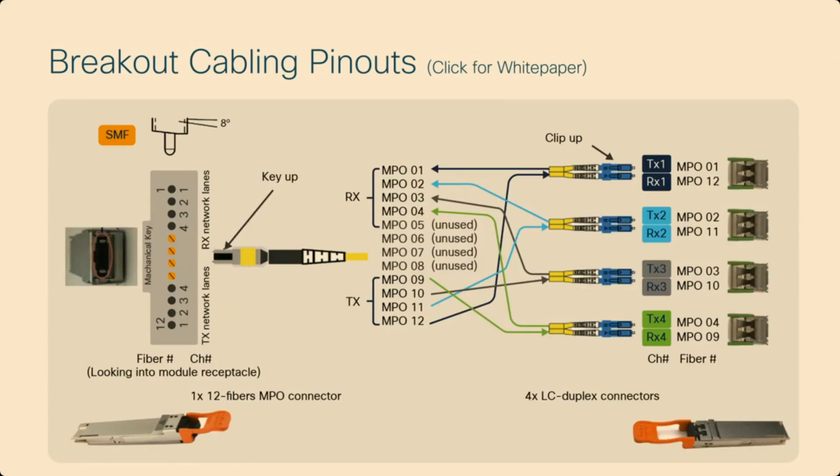And we work our way in from the MPO connector, and those map out to the specific SFP connectors. And if you guys have the copy of this deck, I made that a clickable image. So if you click it, it takes you to a white paper that explains all about breakout and exactly how everything gets split up.